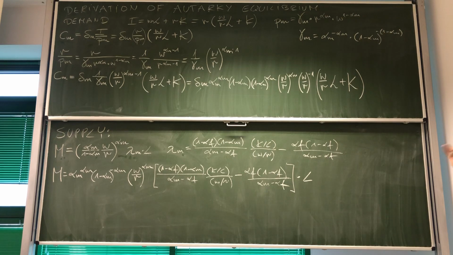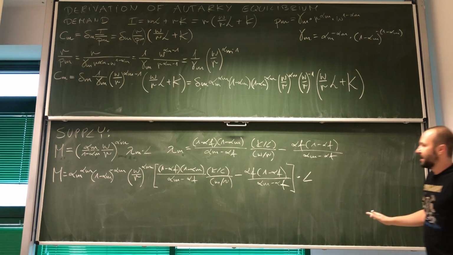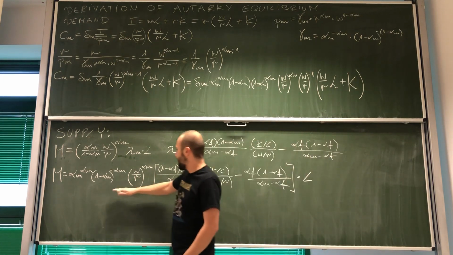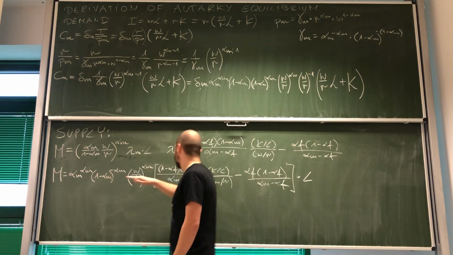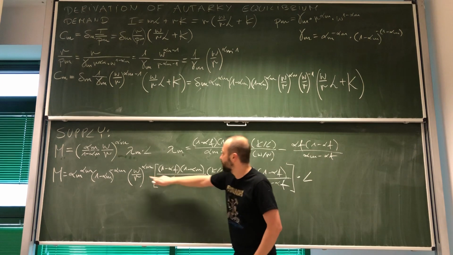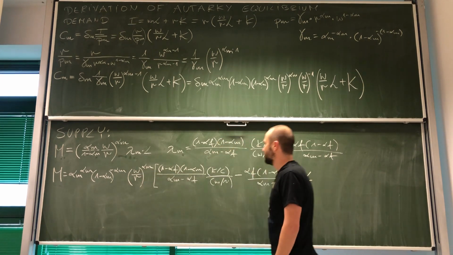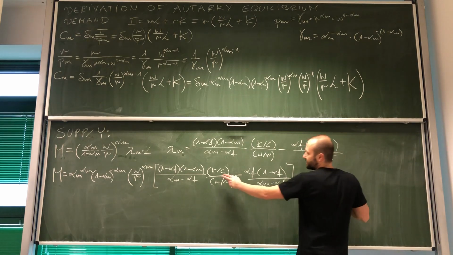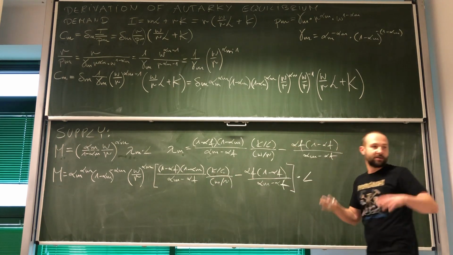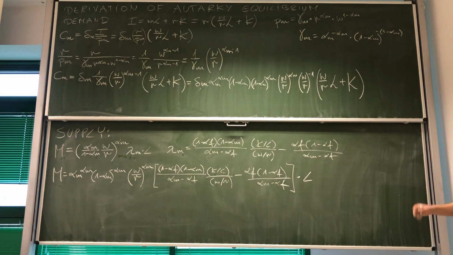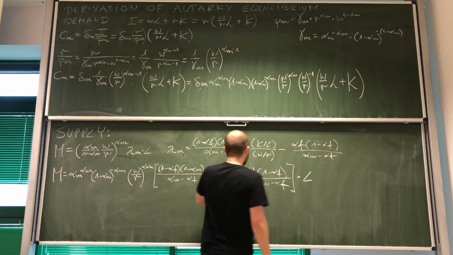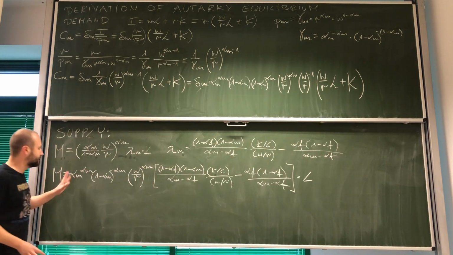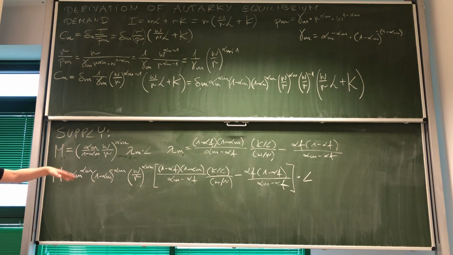Okay, so what do we have now? We've got demand and we've got supply. Look, here we've got supply of manufacturers expressed as a function of the wage to rent ratio. In here we also have capital and labor, which we assume are constant, and everything else are technical parameters.